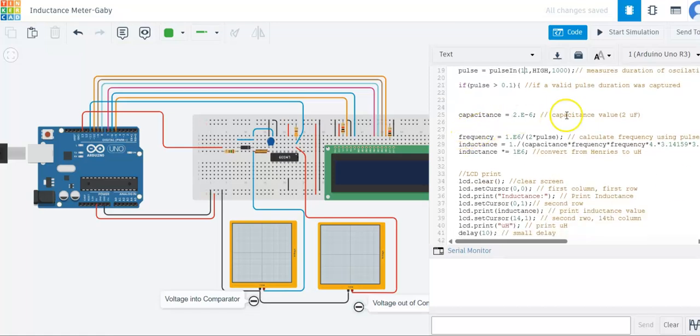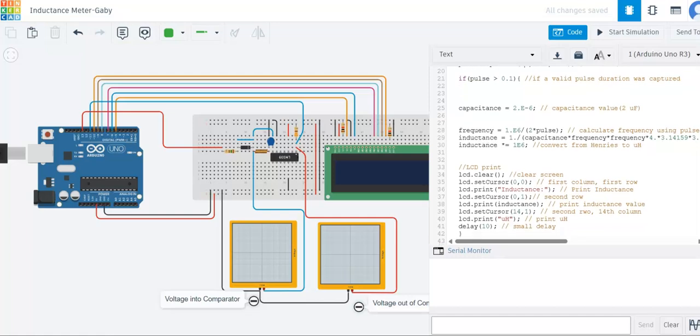Our capacitor value is 2 microfarads. To calculate frequency, we use the formula 1 second over period, or pulse, in our case. This 1e6 is used to convert the 1 second into microseconds. And then it's divided by pulse times 2.